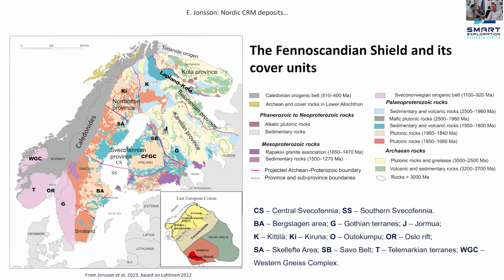Going to a slightly more relaxed map view, this is one geological map way of showing the Fennoscandian Shield and its cover units, where we have particularly outlined in detail here the Swedish part of the Svecofennian, we have the Karelian and the rest of Finland.